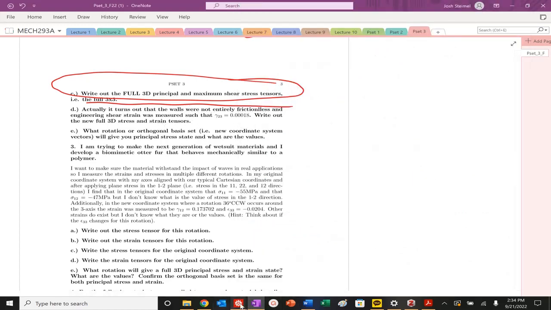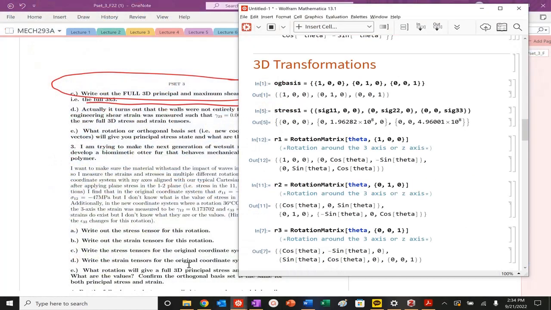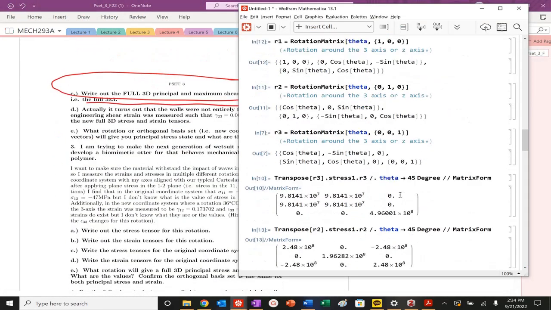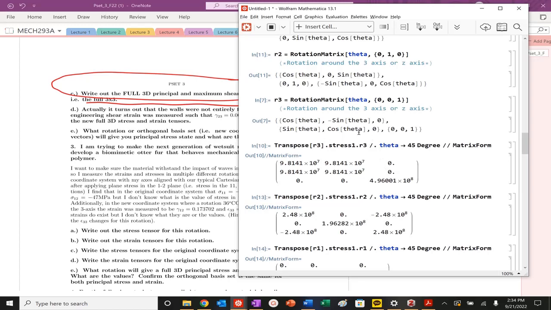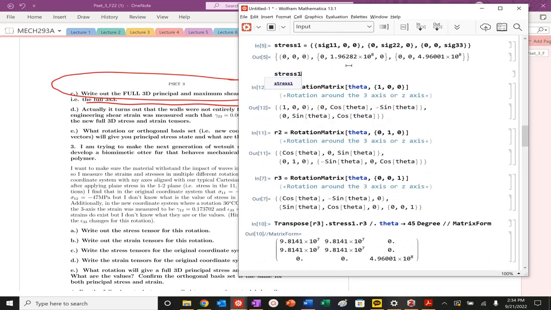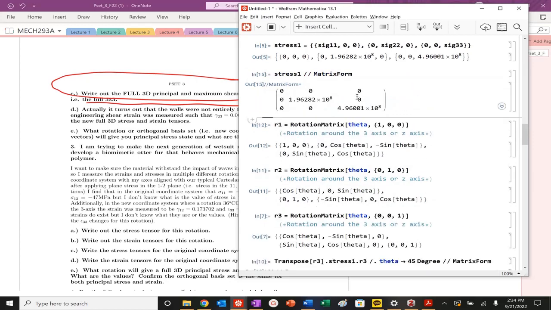Okay, actually it turns out the walls were not entirely frictionless. So we can see here. Let's scroll down, and you can figure out the angle too. Let's look at our matrix form. Again, similar to what we were talking about previously, to find that sigma, basically by a half.